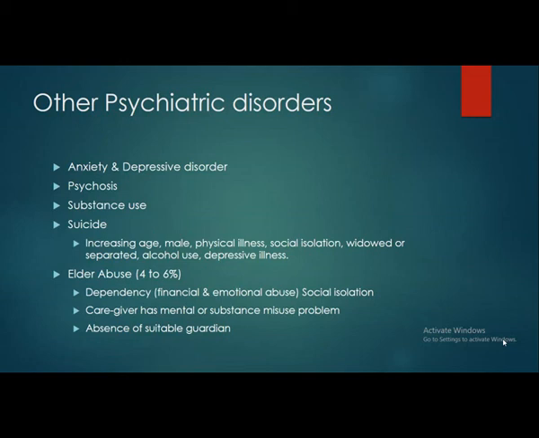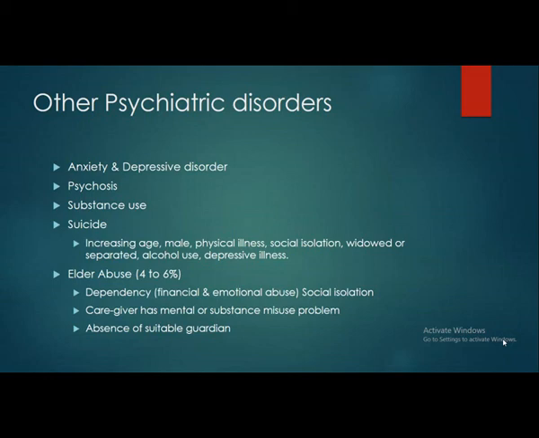And usually an old person is dependent for his financial matters, so he is abused financially by the caregiver, and he is emotionally abused. Socially, a person is already isolated, so that is again used against him.